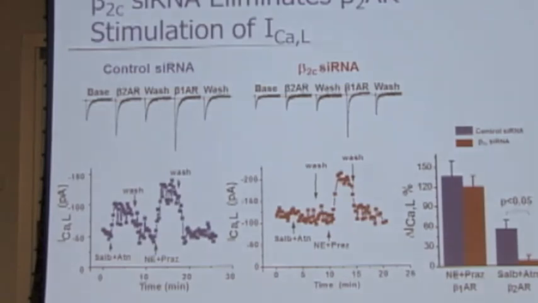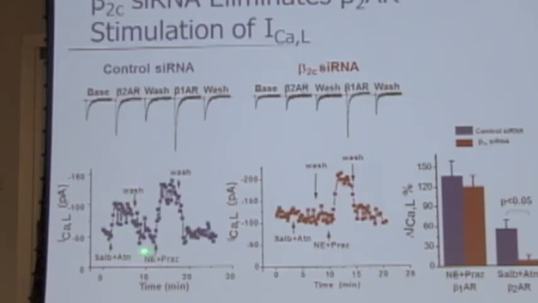So you've seen an experiment like this before where we used an antibody or siRNA for the Cav3, but now we're going to use one to beta 2C in neonatal mouse ventricular myocytes and look at beta 2 adrenergic stimulation of the calcium current. Basically what you see under control conditions, if you use beta 2 specific stimulation with salbutamol and atenolol to block beta 1, you get an increase in current.